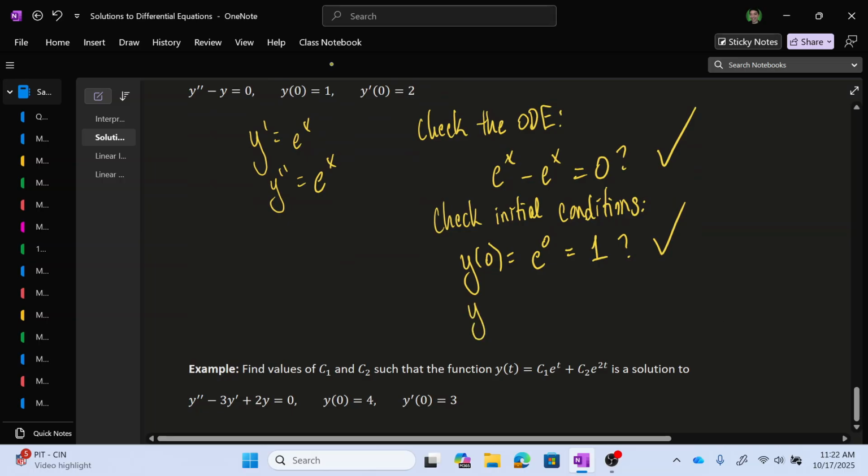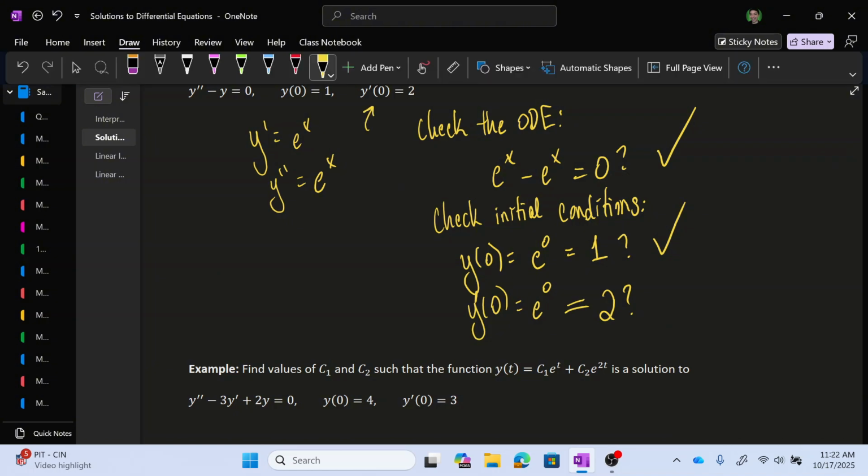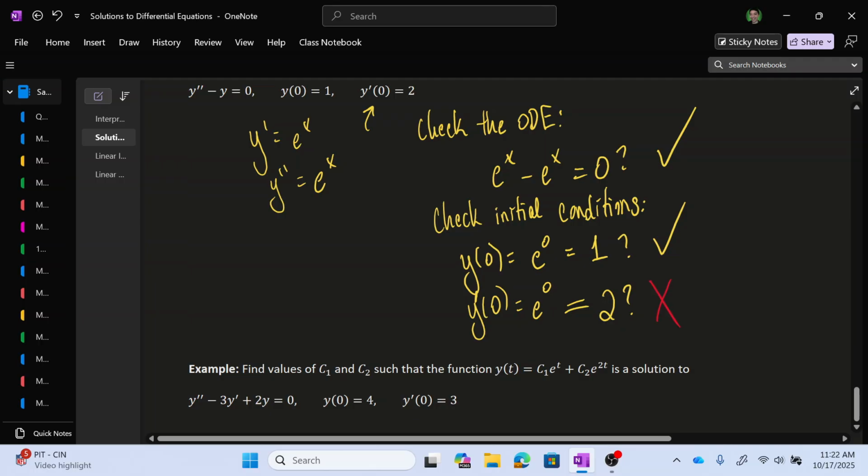But when I plug 0 into the first derivative, e to the 0 is not equal to the 2 that it's supposed to be in the second initial condition, which means that the second initial condition has failed.